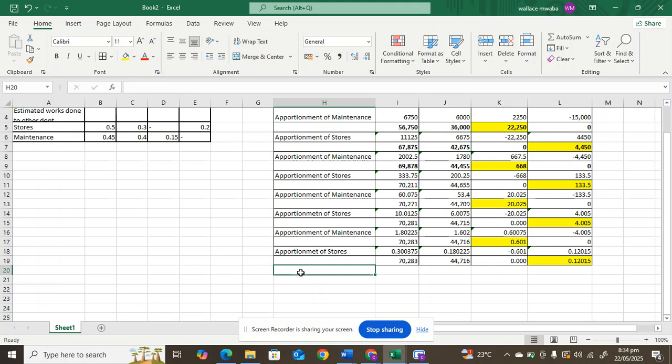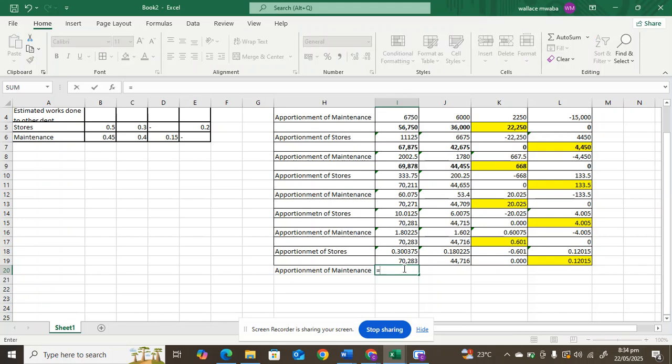This is the apportionment of maintenance. Okay, so Department X gets 45%. So it's 0.45 multiplied by this amount.